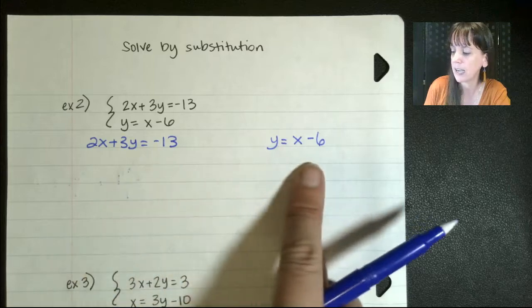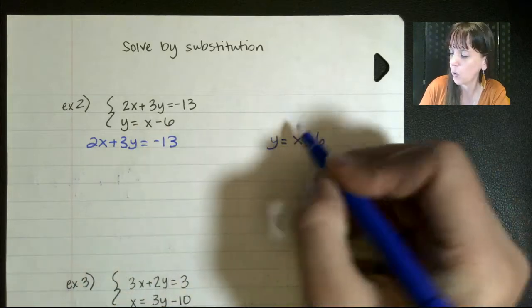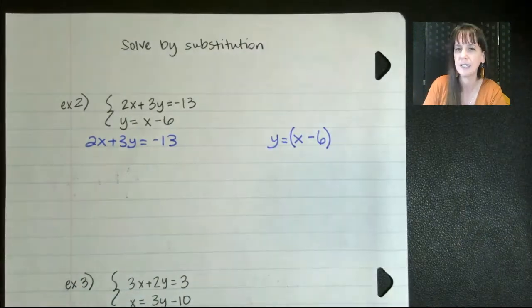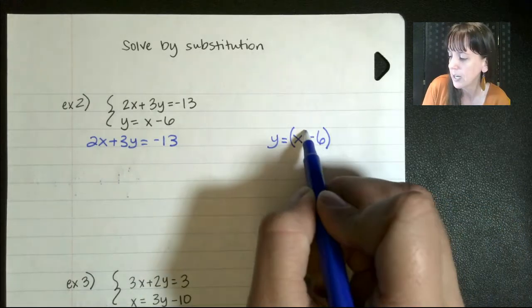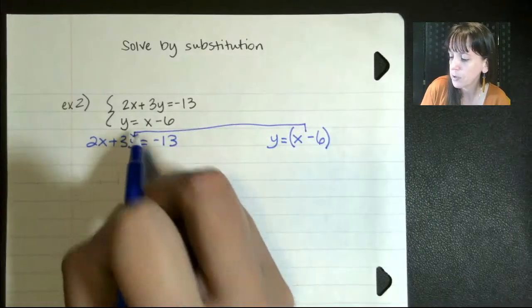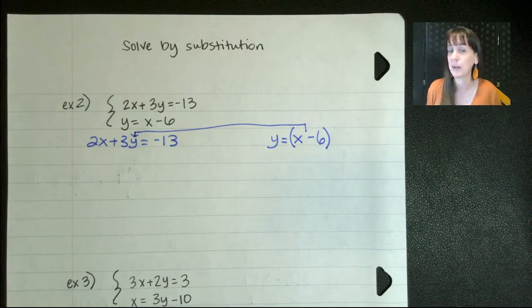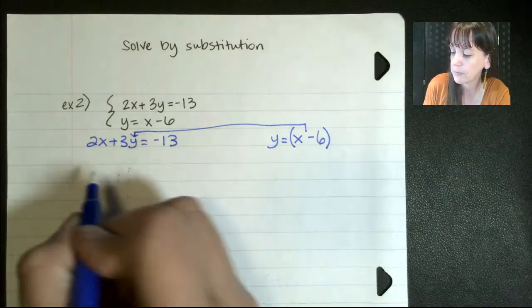So if we look at this one, do I have a variable by itself? I do, this y. Convenient, nice and easy. So what I'm going to do is take all that garbage and make sure to substitute it in for y. Make sure you're substituting it in for the right variable. I do see that mistake quite often.